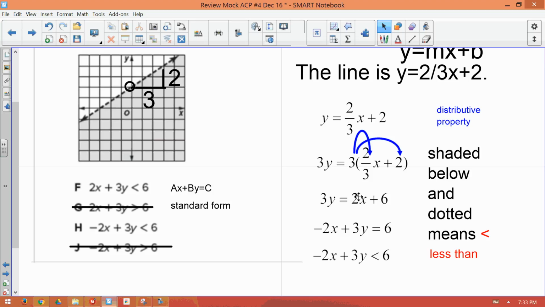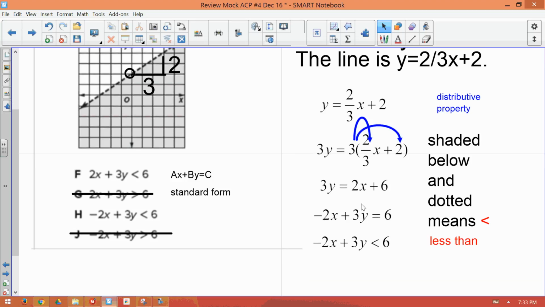But on the right, you get the distributive property. The 3's cancel out, you're left with the 2x, and 3 times 2 is 6. Now you're looking close. All you got to do to get it in standard form is subtract 2x from both sides. It disappears from the right and shows up on the left because you can't subtract 2x from 3y.